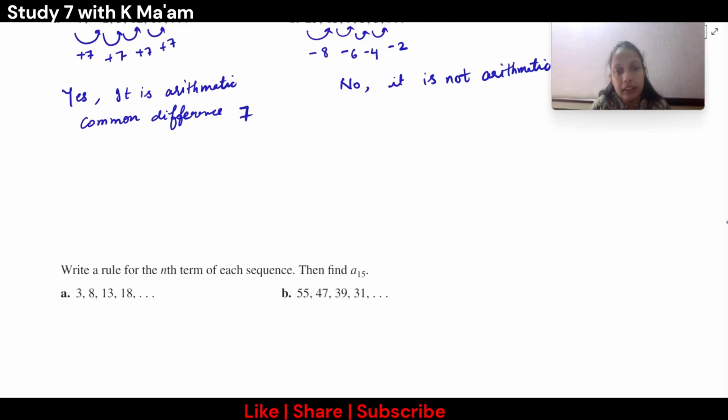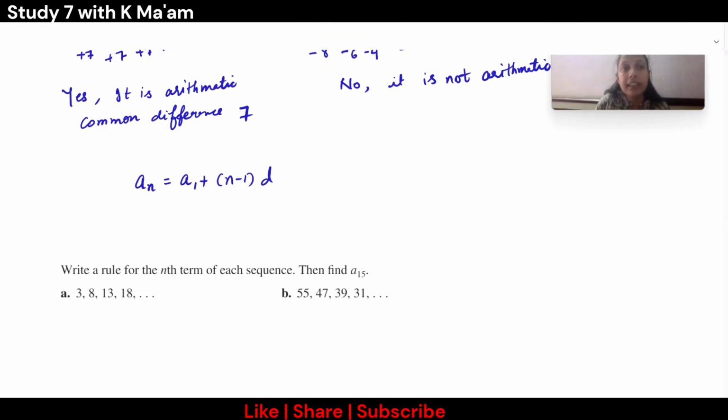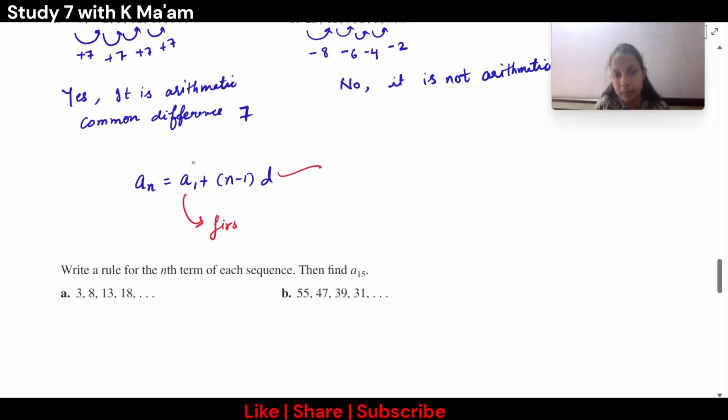So the nth term is an equals a1 plus n minus 1 times d. What is a1? The first term. d is the common difference. And n is the term number.